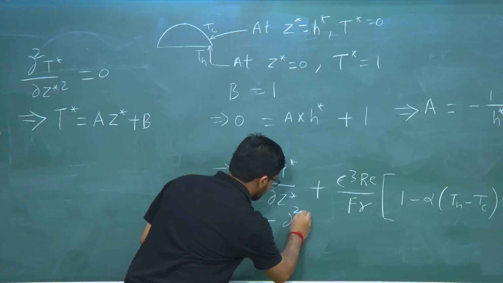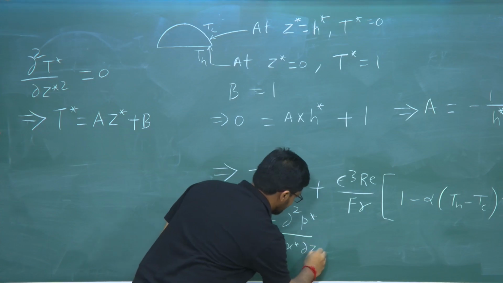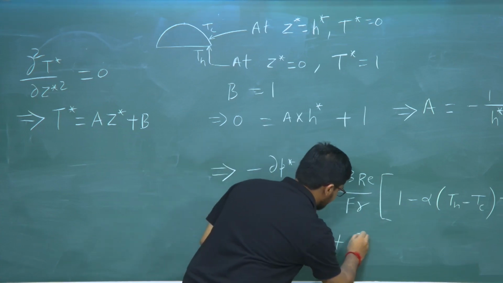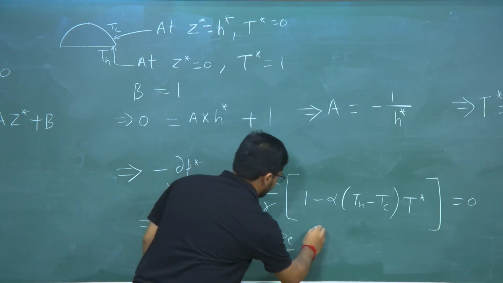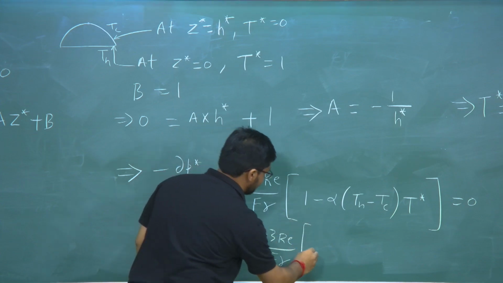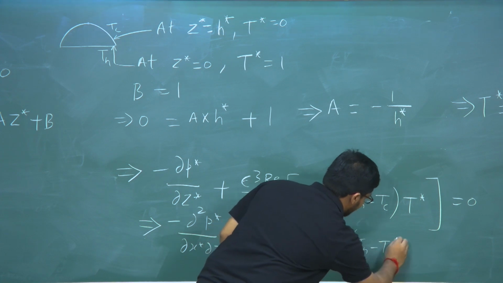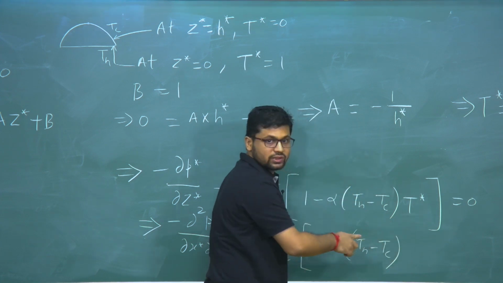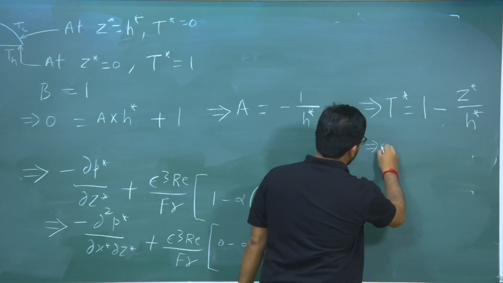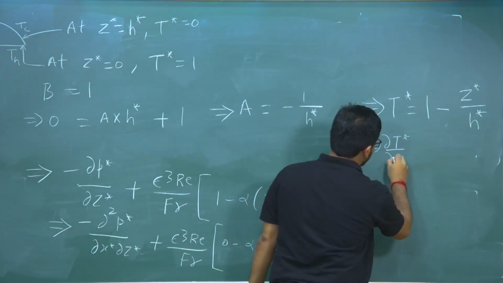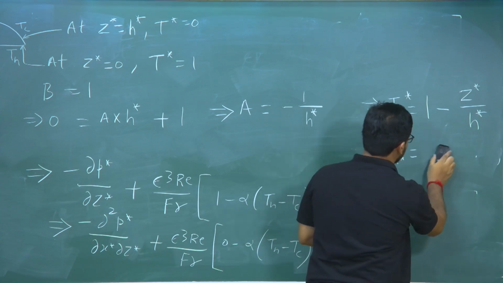So, this will become dou square p star upon dou x star dou z star plus epsilon Q Re upon Froude number, and if you differentiate with respect to x, the differentiation of 1 will be 0, this will be minus alpha T h minus T c, and here it will come dou T star upon dou x star. So, we have to differentiate this with respect to x star, and dou T star upon dou x star will be equal to 1 minus, the differentiation of 1 will again be 0.